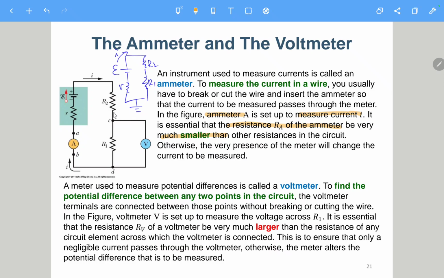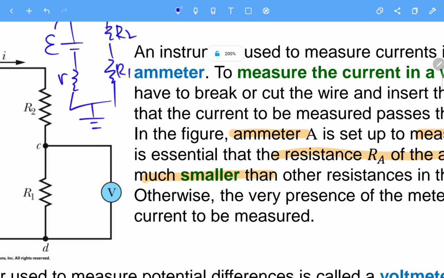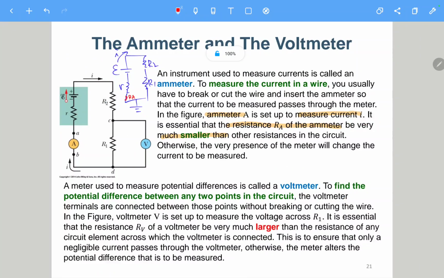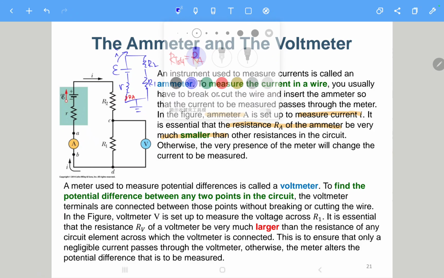Because if you connect the ammeter here, it feels like it has an intrinsic resistance RA in series with the circuit. If RA is comparable with these resistances, you can see these resistors are in series, so the total resistance will be R total, which is RA plus R plus R2 plus R1.